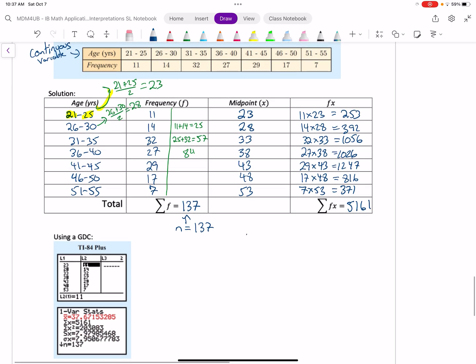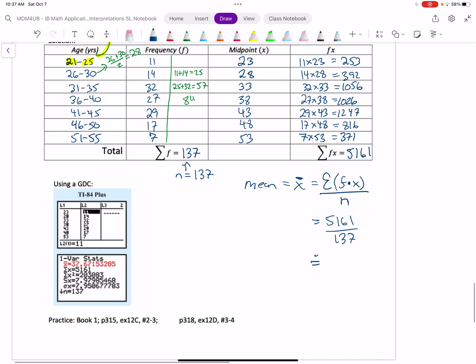So my mean, which remember is x bar, is equal to the sum of the frequency times each data point, all over the total number of data points, which is n. So I'm really taking that 5161 over 137. So if I do that, I get 37.7, 3 sig figs, and that's the mean age.